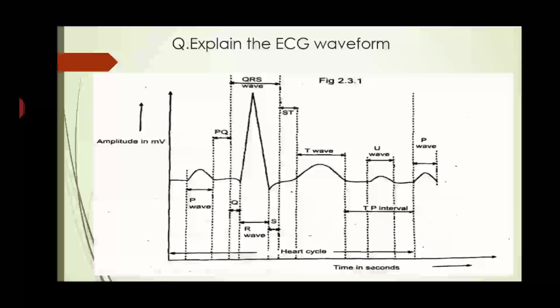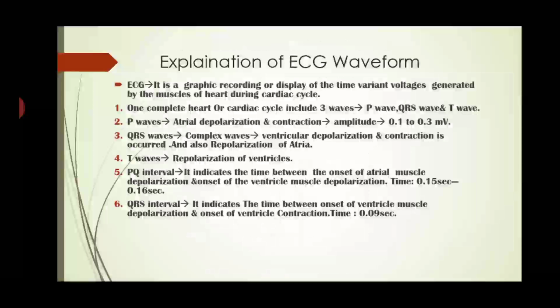Now we'll see the explanation about the ECG waveform. ECG is a graphic recording or display of the time variant voltage generated by the muscles of the heart during the cardiac cycle. One complete cardiac cycle includes mainly three waves: the P wave, QRS wave and T wave.